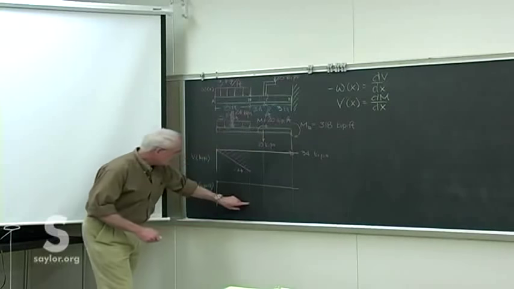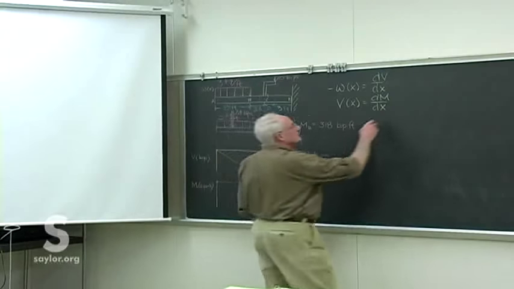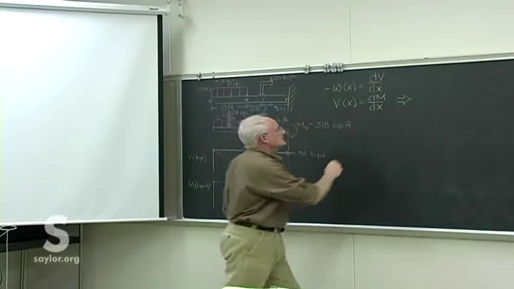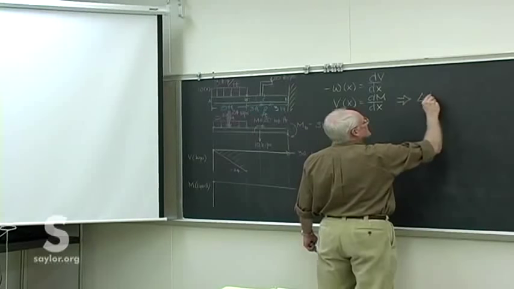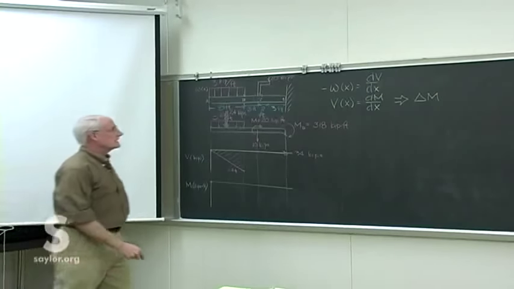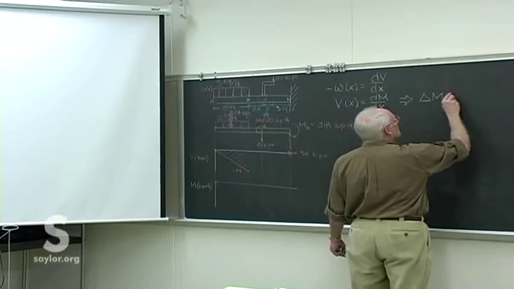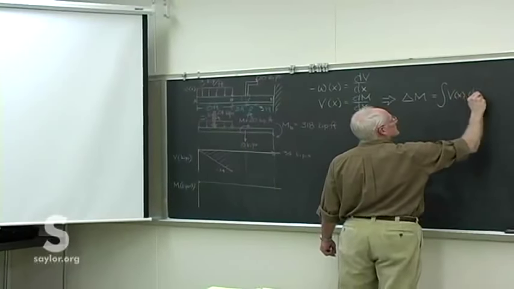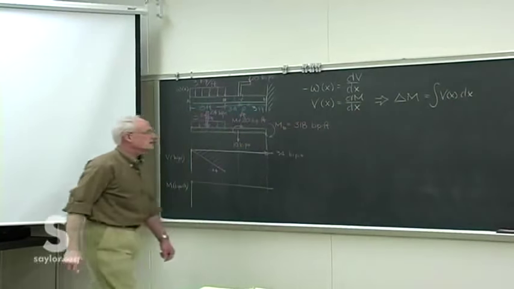Just where it goes to is a little bit difficult to figure out unless we remember the opposite of this, that the change in moment between any 2 spots is the area under the shear curve between those same 2 spots.